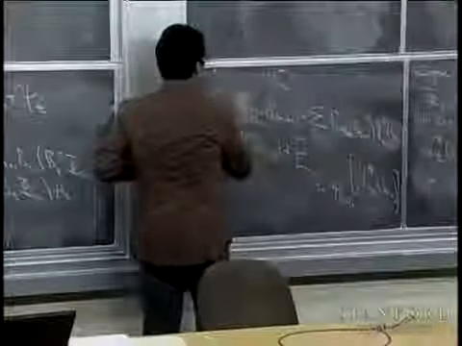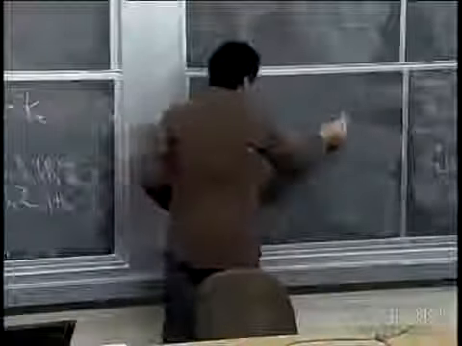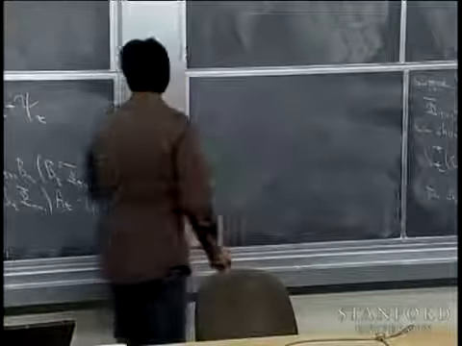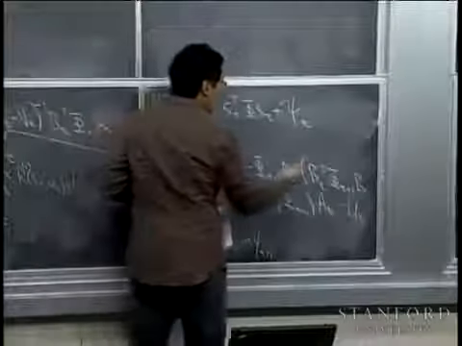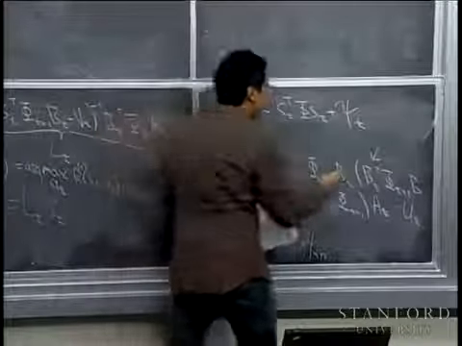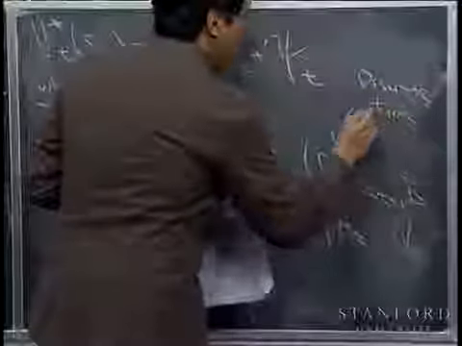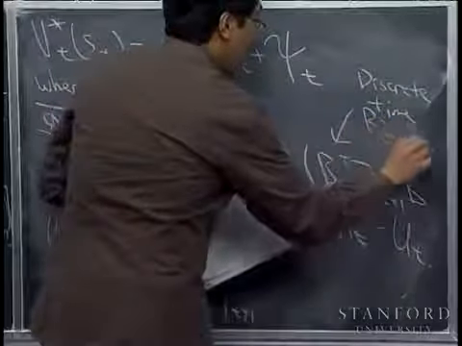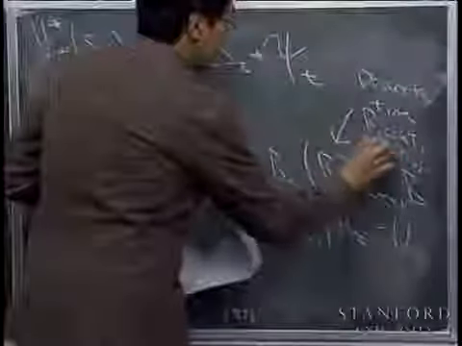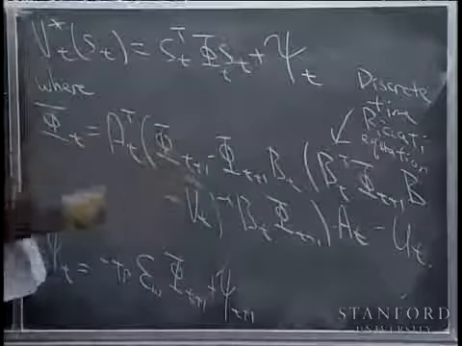And just to give this equation a name, this recursion in terms of the phi t's is called the discrete time Riccati equation. It's basically the recursion that gives you phi t in terms of phi t plus 1.